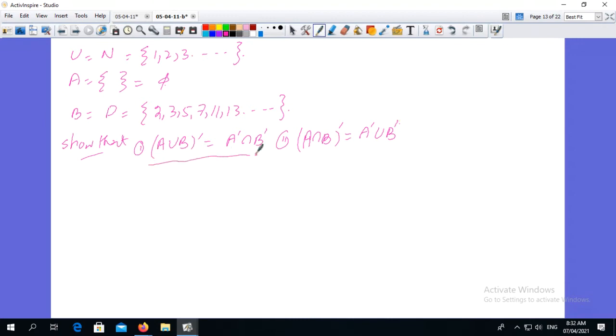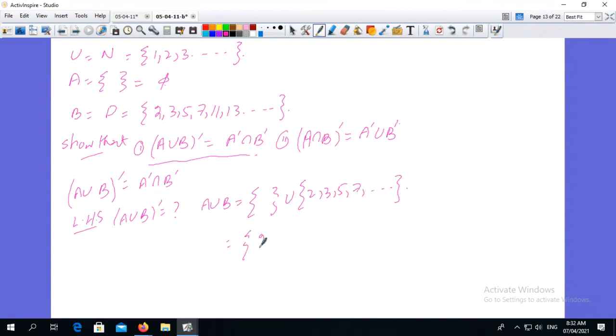So let me start with the first: (A union B) whole complement equals A complement intersection B complement. We take the left hand side, (A union B) whole complement. First of all, we have to find A union B. The value of A is the empty set, union B is the prime numbers 2, 3, 5, 7 up to infinity. When we take the union, we have the answer: prime numbers 2, 3, 5, 7 up to infinity. Now we take the complement: (A union B) whole complement means U minus (A union B).